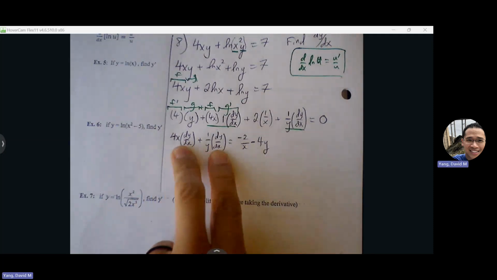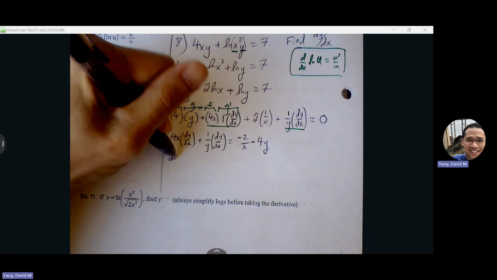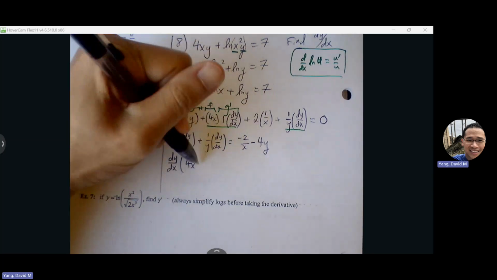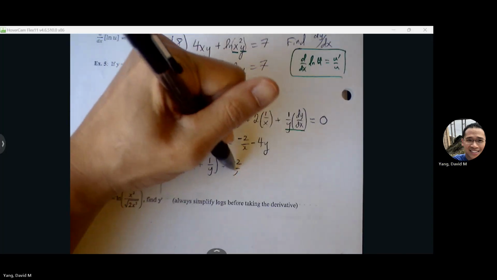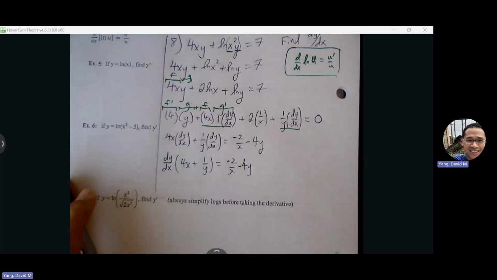All right, now that our dy/dx terms are together, what can we do? Factor, yeah. If there are other factors, we don't care about them. We only care about pulling the dy/dx out. Okay, final step.